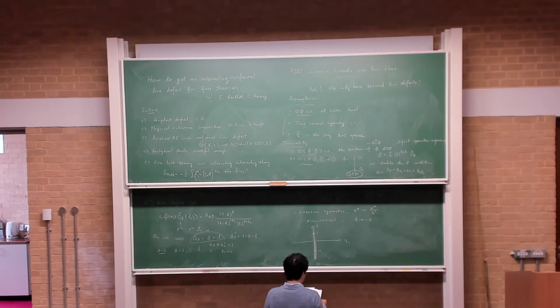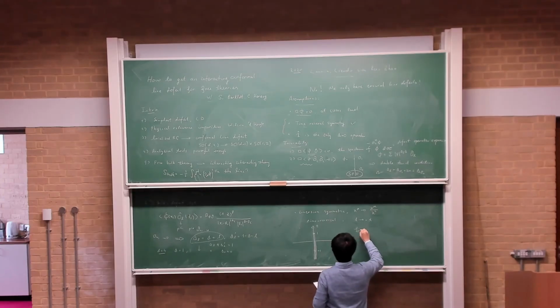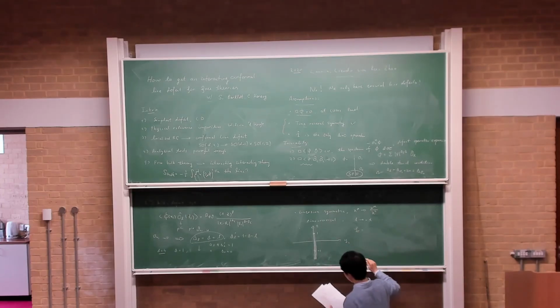And then for this cross ratio, we put also T1 at 0. So T1 is in the middle of T2 and T3 along the time direction. In this case, this cross ratio is just dependent on the transverse distance.